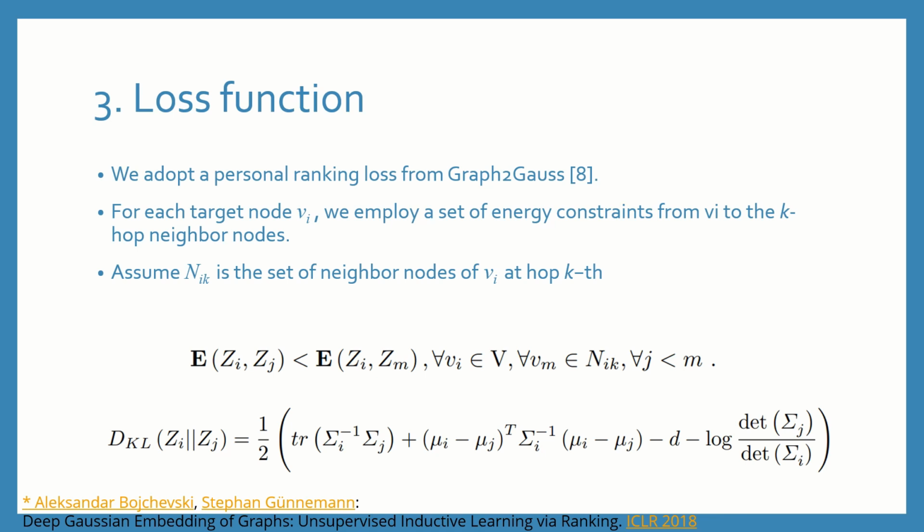It means that the energy from i to z should be smaller than the energy from i to m for every z smaller than m in terms of the k-hop distance. And then we use the KL divergence to measure the dissimilarity between the two distributions i and j in the latent space. Here it is calculated using the mu and sigma functions in the latent space.